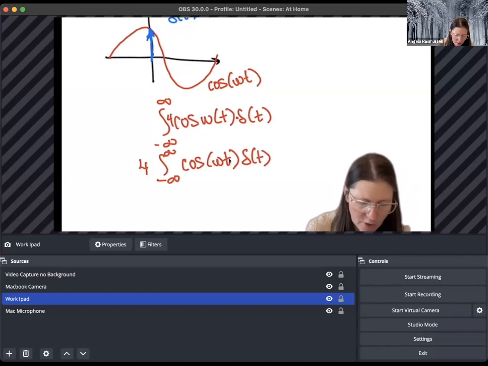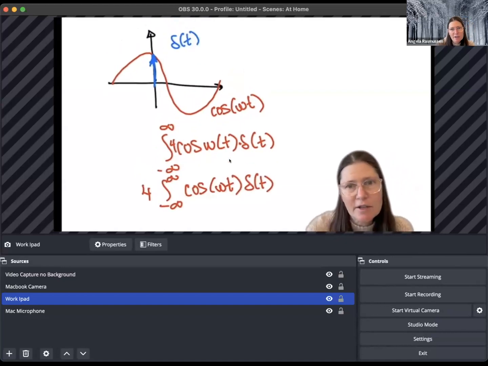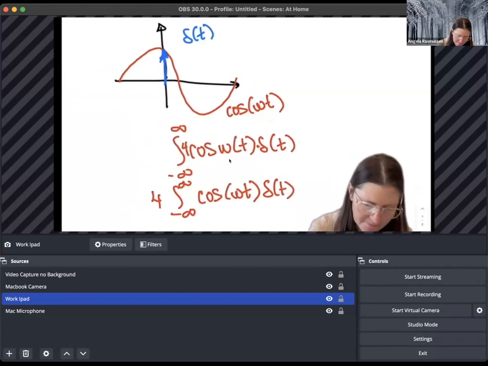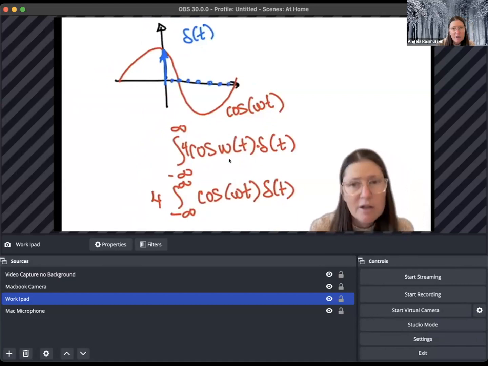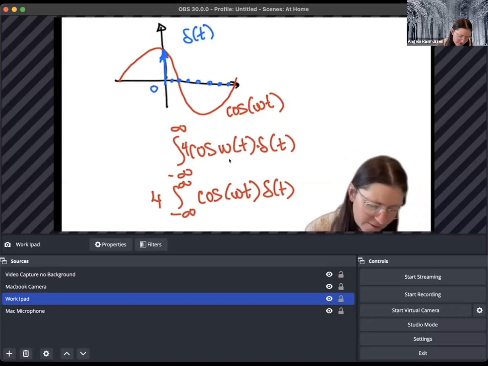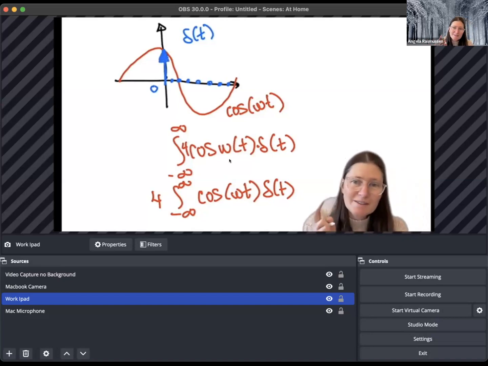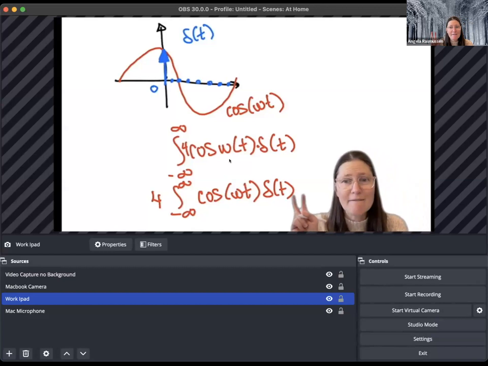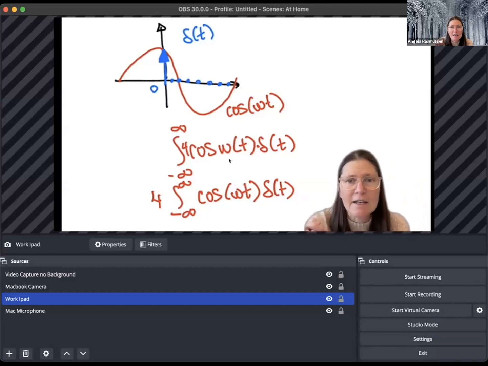Okay, so everywhere outside of the delta function is 0, right? So I have 0, 0, 0, 0, 0, 0. So all of these are multiplied by 0. And so this only can be integrated right at this one specific point of 0, right? Because this is the property of the delta function. It's not really a value. It's just saying you have a valid value at that point.